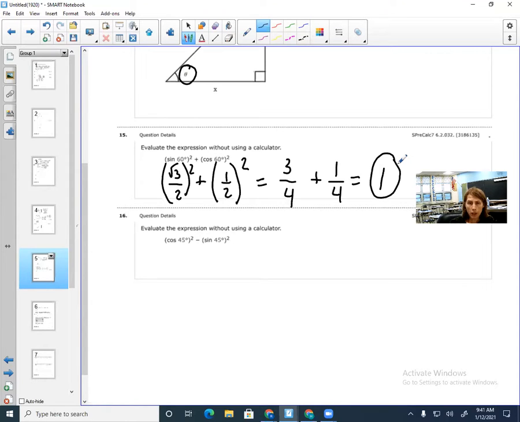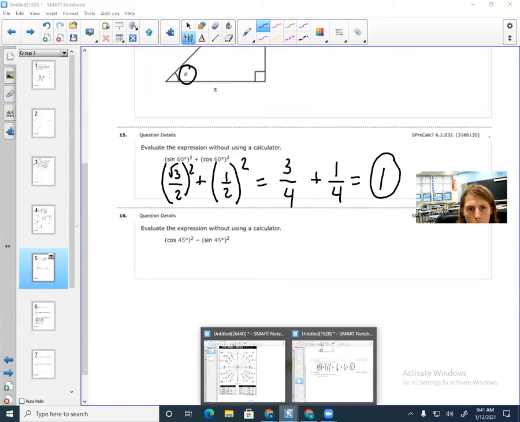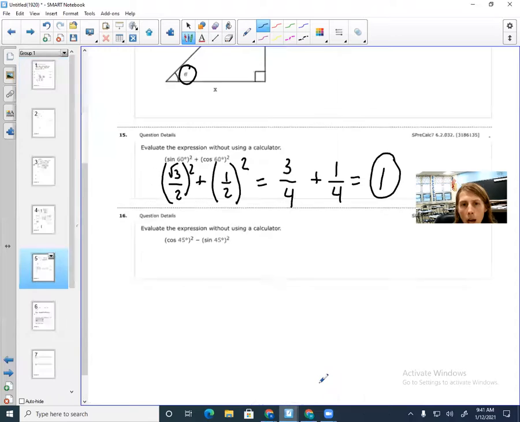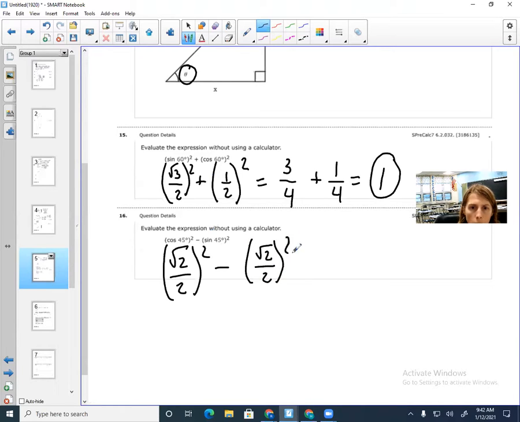I'm gonna do 16 because I feel like it was hard for you guys. It's just a different concept. So let's look at 45 degrees. I'm gonna pull this up. At 45 degrees, my X is square root of 2 over 2, and my Y is square root of 2 over 2. Now I'm gonna go back. So cosine of 45 degrees is square root of 2 over 2, and square root of 2 over 2 is my Y, because they're the same.